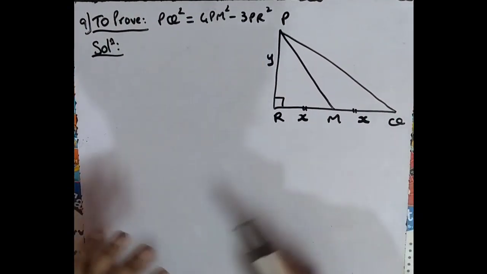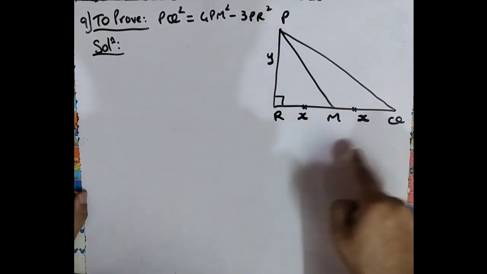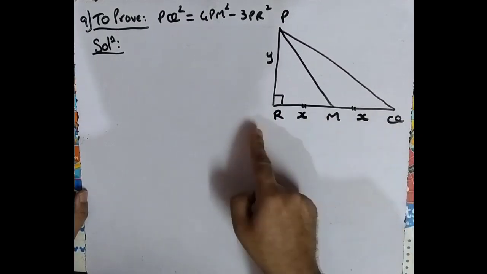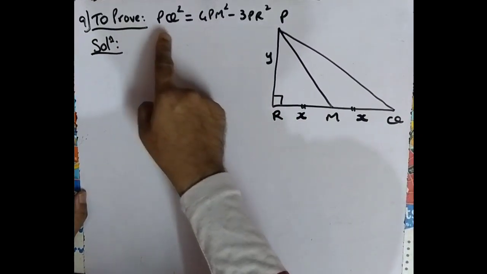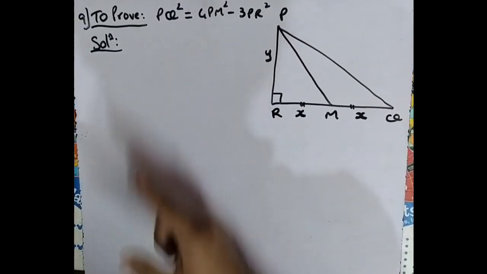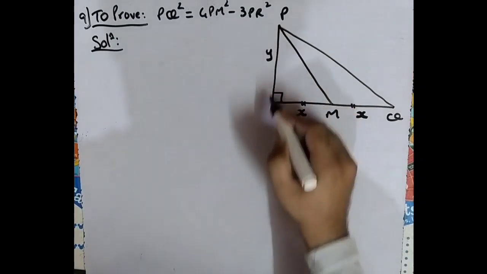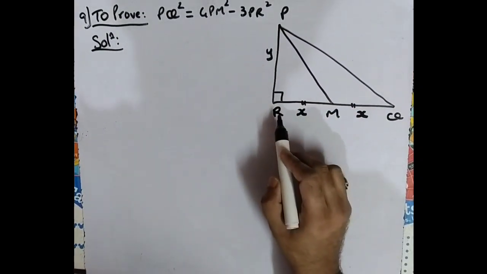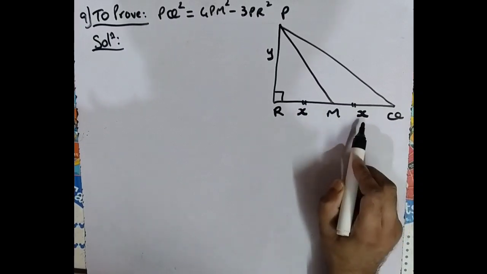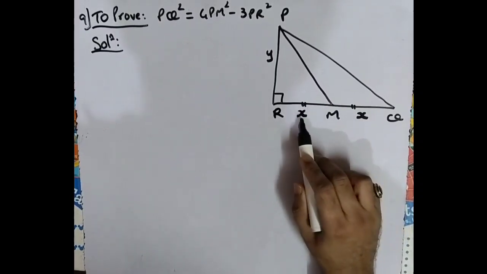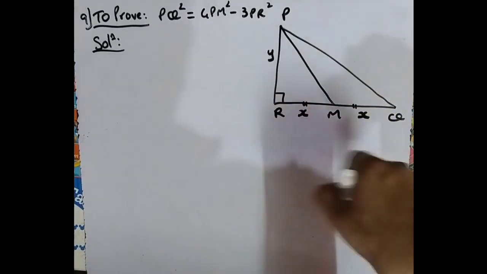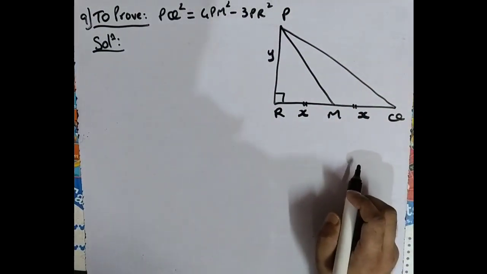In the ninth sum, we have in triangle PRQ, angle R is 90 degrees, M is the midpoint of QR. We have to prove PQ square is equal to 4PM square minus 3PR square. Let us assume PR as Y and assume RM and MQ as X, because they are equal. Why are they equal? Because M is the midpoint of RQ. Now in this figure, we have two right angle triangles.